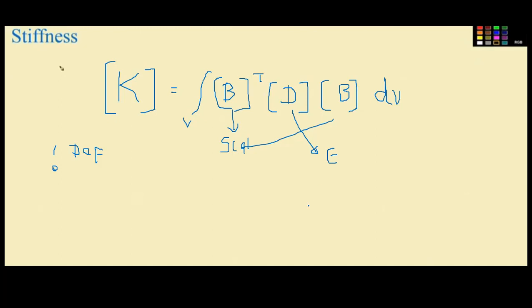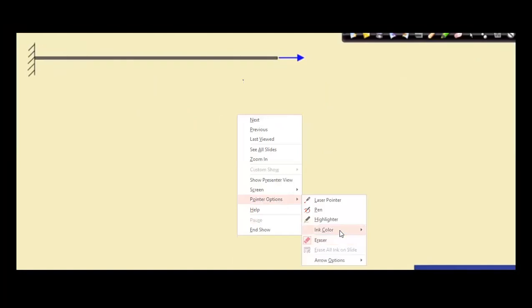And we will go with the simplest element, right? 1D bar element. Okay, so for the examples, we can take this part. Let's say we take an element like this.